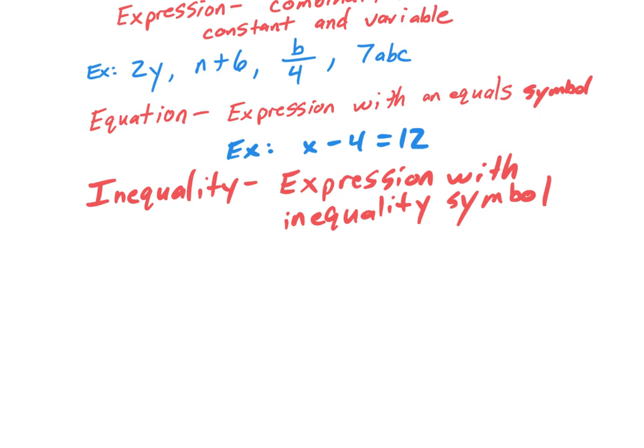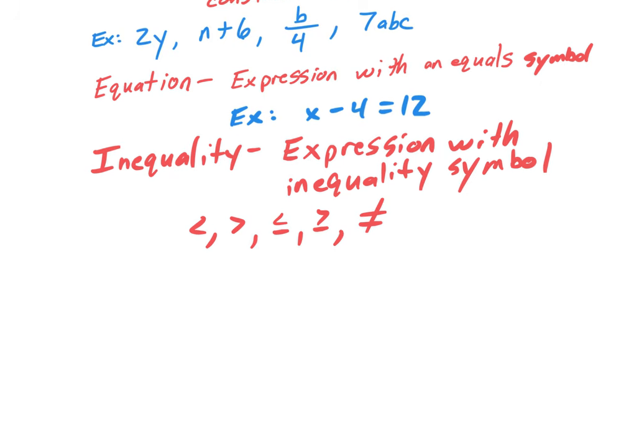Your 4 inequality symbols that we're familiar with: less than, greater than, less than or equal to, greater than or equal to. Every once in a while we might see this one, and it's still called an inequality symbol. It's an equal sign with a slash through it, and that just means not equal to. Okay, it's not an equation. It's something other than an equation. So I might say x cannot equal 5. Okay, and so those two would not be equal to one another.